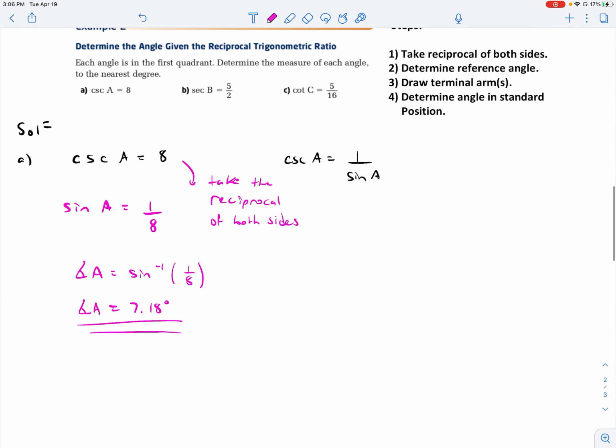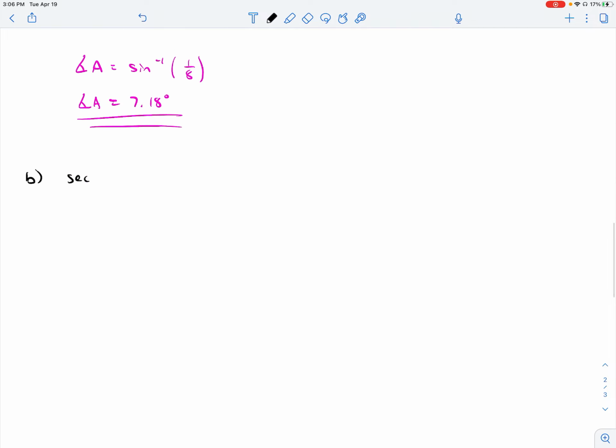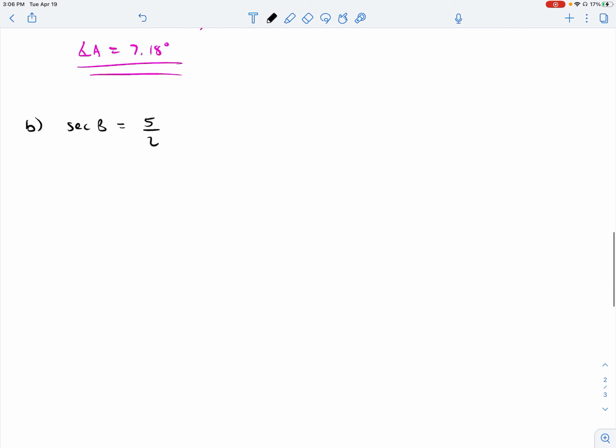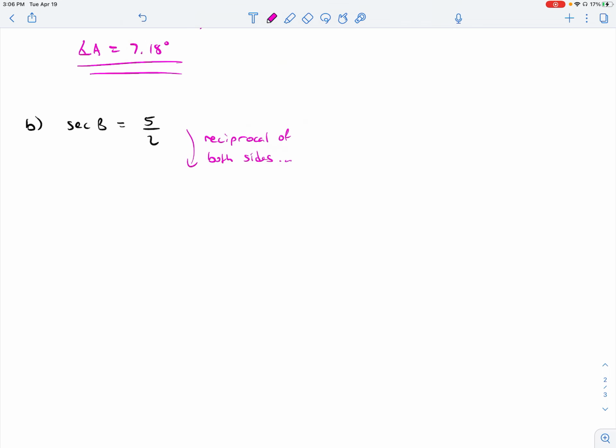Let's do part B. Let's write up the trig ratio. Secant B equals 5 over 2. Now we take the reciprocal of both sides. The reciprocal of secant is cos, and the reciprocal of 5 over 2 becomes 2 over 5.